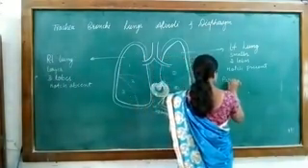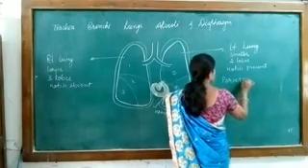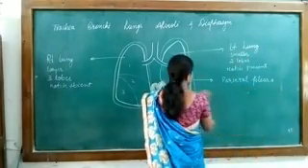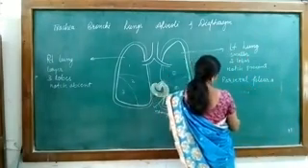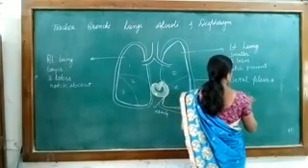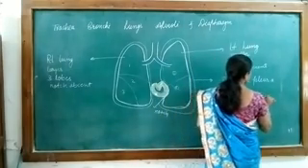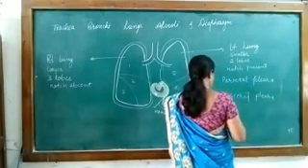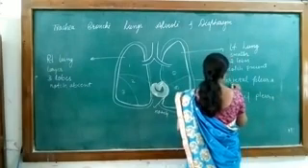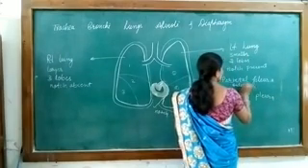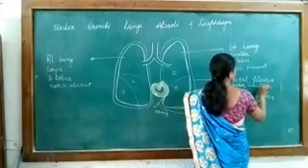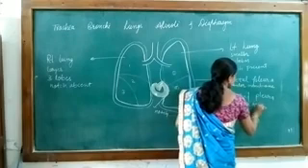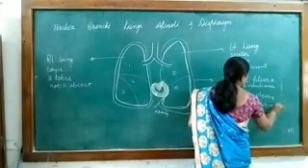It is the parietal pleura. And this one is the inner, called the visceral pleura. Visceral pleura and parietal pleura. Parietal is the outer membrane, and this is the inner membrane.